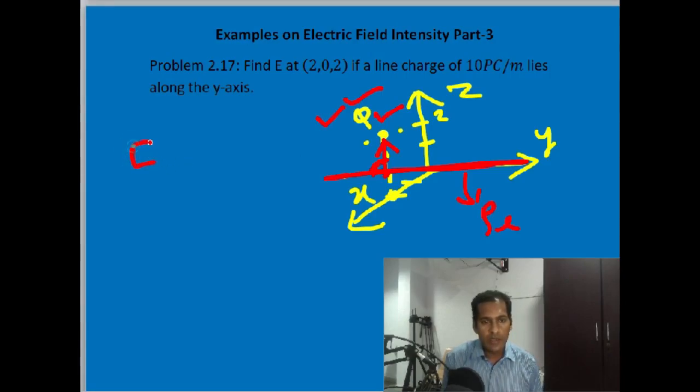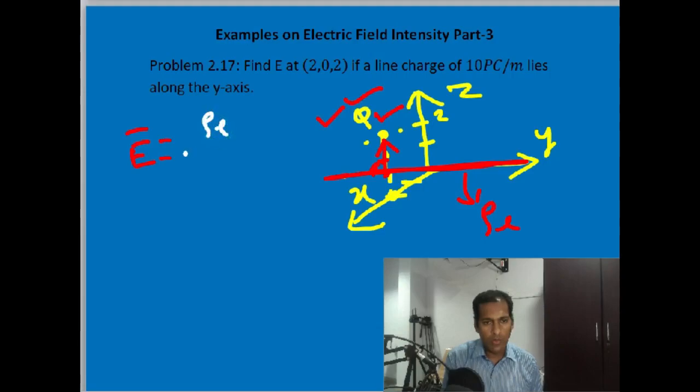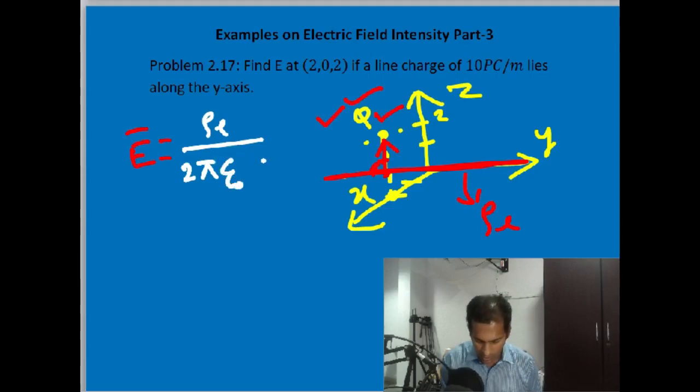For line charge density, E bar is given as rho L, the line charge density, divided by 2 pi epsilon naught R into AR cap.